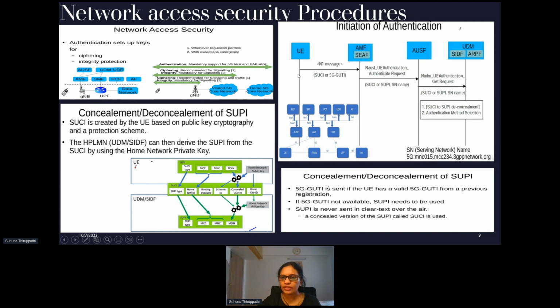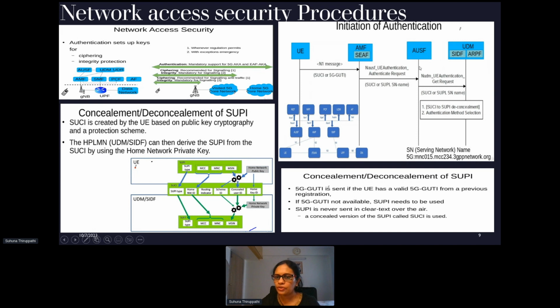So the message is being sent from the AMF. The authentication message is sent from AMF to AUSF. Authentication request is sent with the parameter SUCI and serving network name. Serving network name consists of mobile network code and mobile country code and the network name.